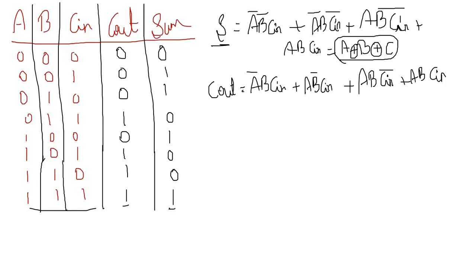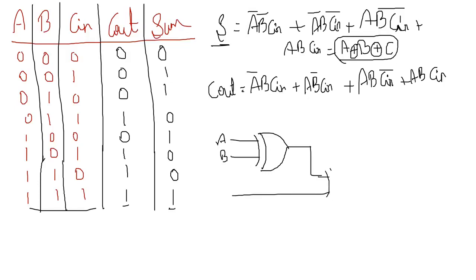Before reducing it, let me write the circuit for sum. A XOR B, right? So this is A and this is B, and this is C in.